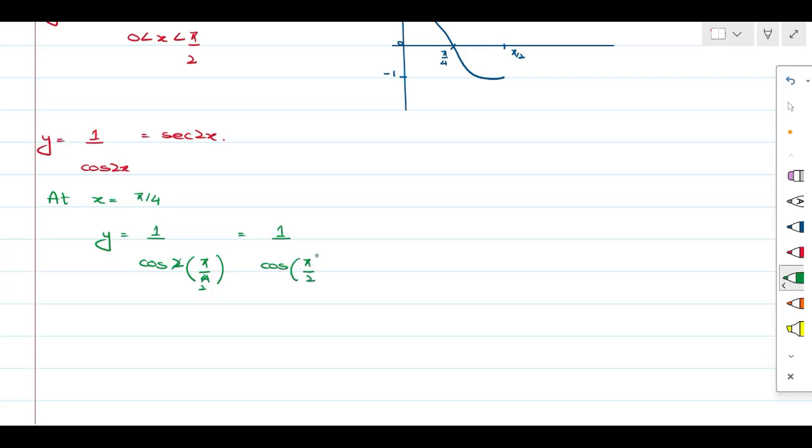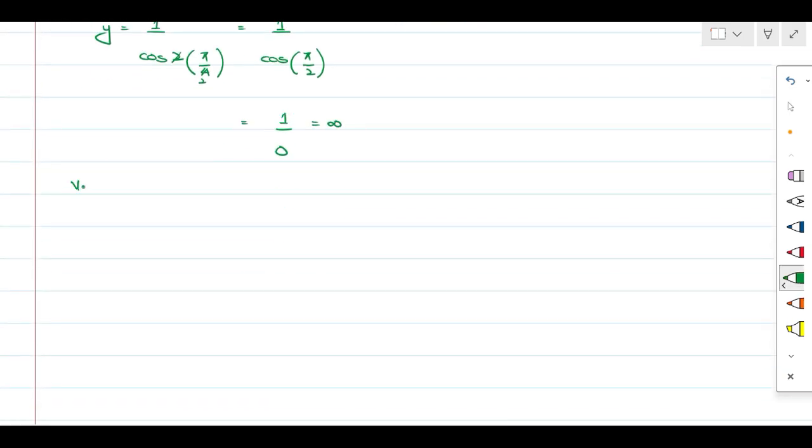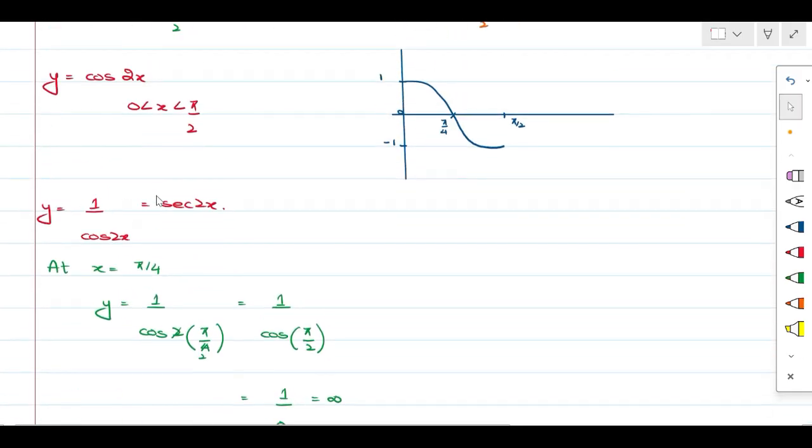Cos pi by 2 is basically cos of 90, which is 0, so 1 over 0. That is infinity. So we have a vertical asymptote at x equals pi by 4, because it gave us infinity, right? Okay, so we have a vertical asymptote at x equals pi by 4.